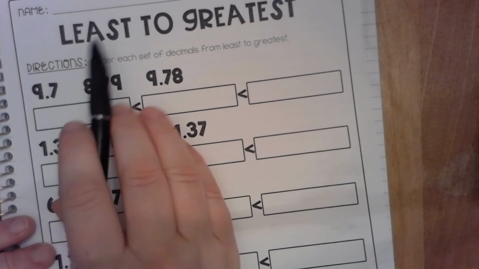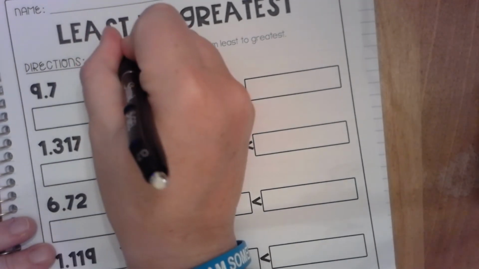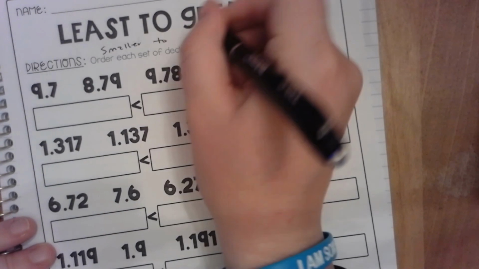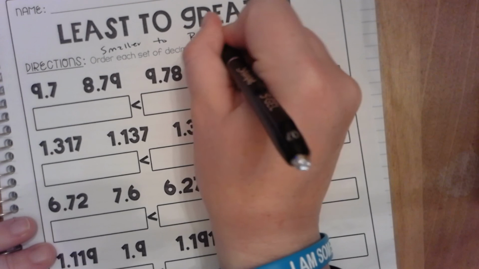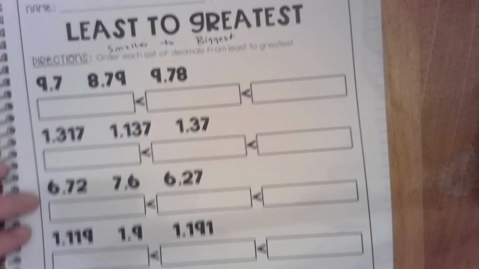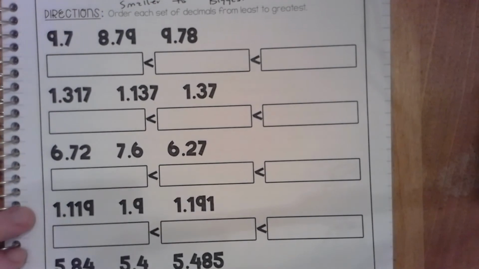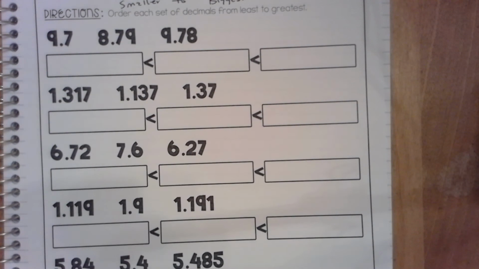All right, so we're going to go least to greatest. So that means your smaller number to your biggest number. Okay. So we have 3 sets of numbers on each problem, and you have to write the numbers in the boxes in the order they go in.